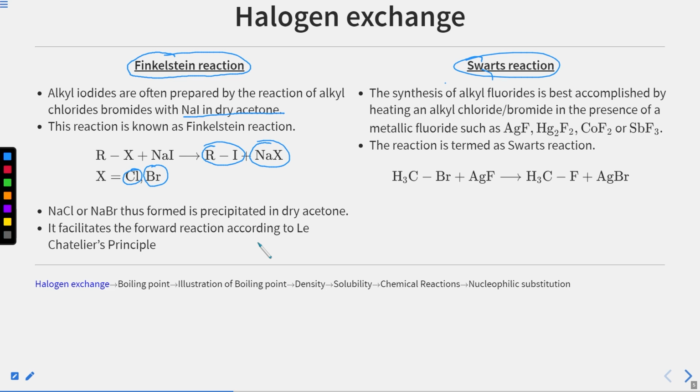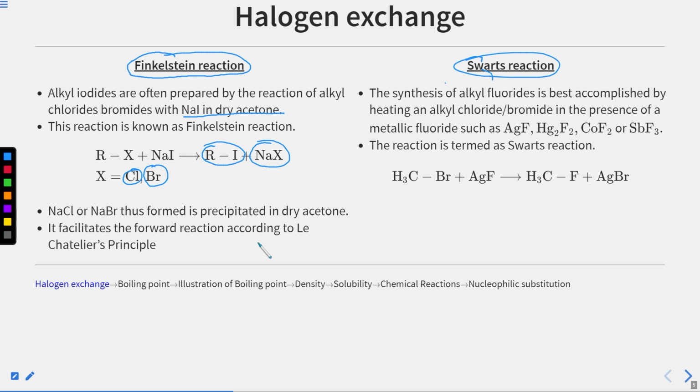You must be very sure that NaCl and NaBr are ionic compounds, and since they are ionic, they are polar in nature and not soluble in dry acetone, as compared to NaI.